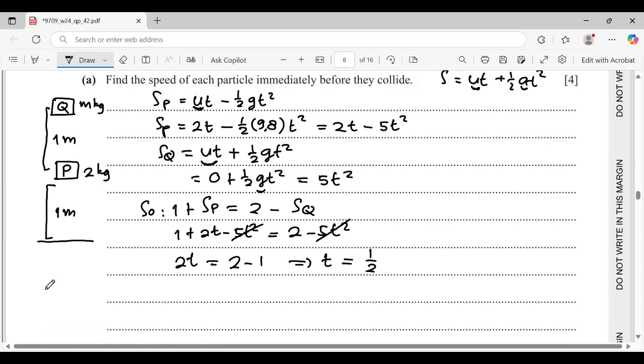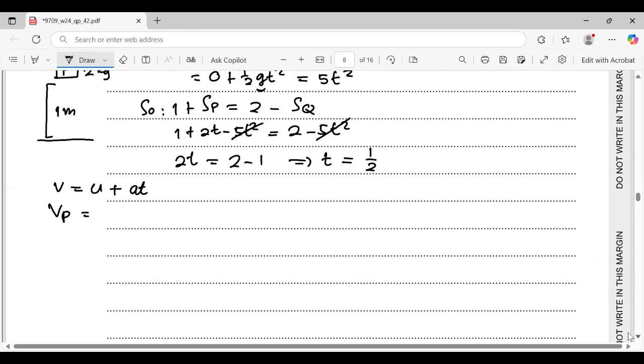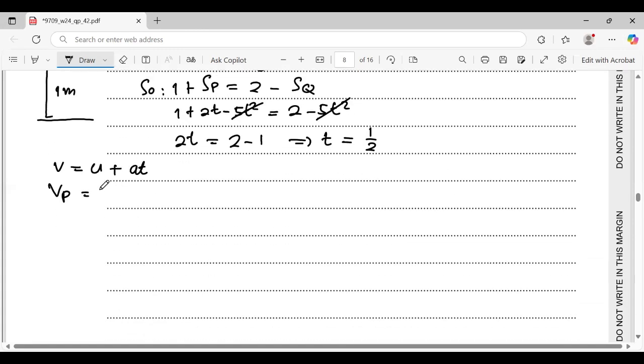So using the formula v, the final velocity, equal initial velocity plus at. So it means the velocity or speed of P equal the initial velocity 2 minus 10 times 1/2, because t equals 1/2. So it becomes 2 minus 5, minus 3.